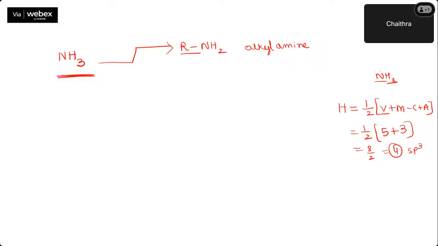It can be anything. Secondly, I will replace one of the hydrogens by an aryl group. Aryl group means C6H5 group. Instead of Ar, you can also write a benzene ring. This is called an aromatic amine, or you can also call it an aryl amine.